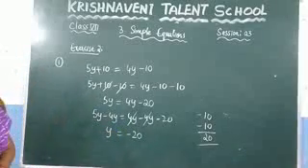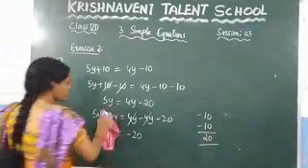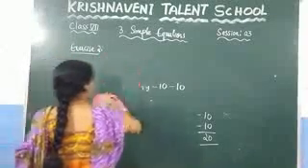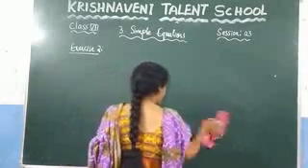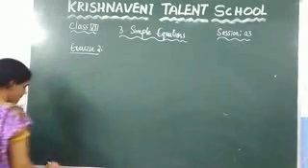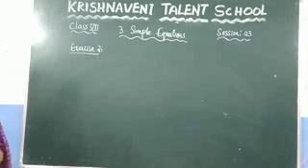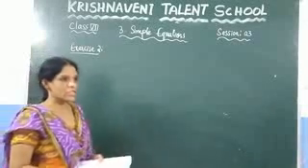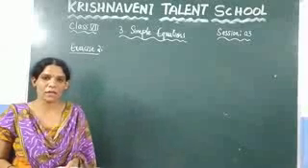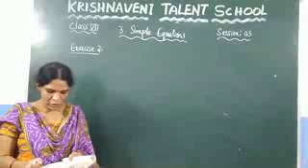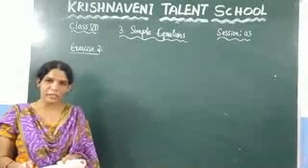Now see the next problem here. This is nothing but without the transposing method. That means without changing the position, we are finding the value of the variable. Now in the second question they are asking, solve the linear equation by transposing the terms.